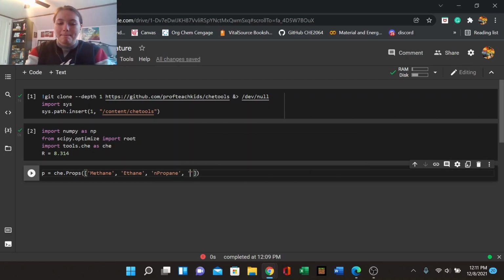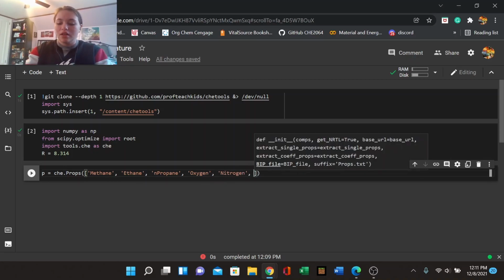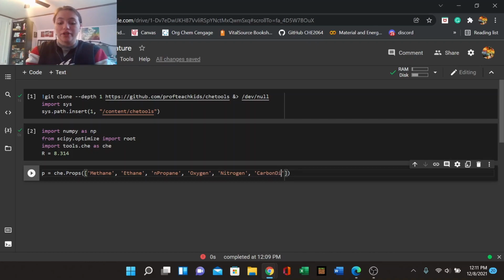Oxygen, and then nitrogen, and then carbon dioxide, all one word, not with a space, and then water. All right, so methane, ethane, propane, oxygen, nitrogen, carbon dioxide, water. I think that's it.